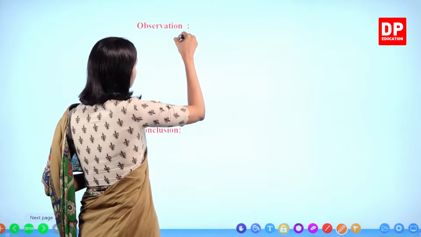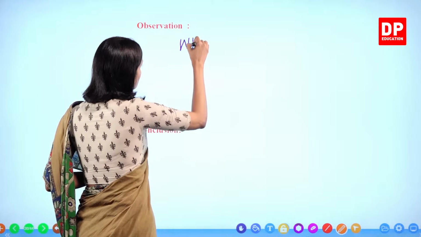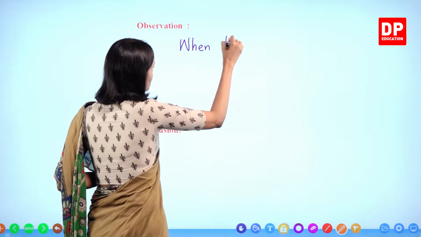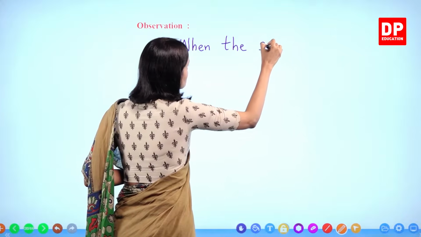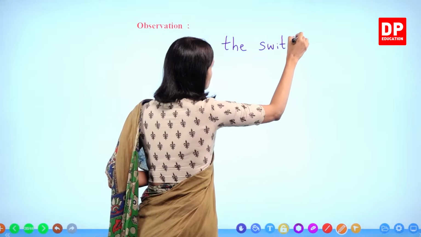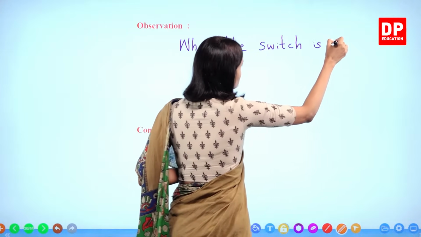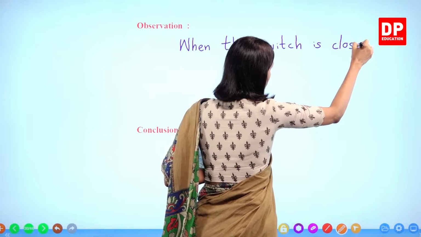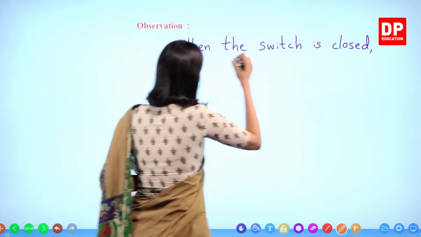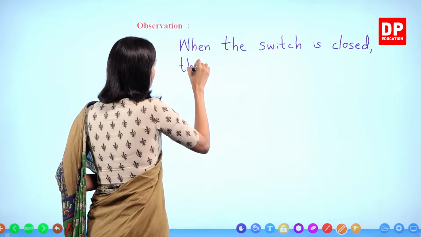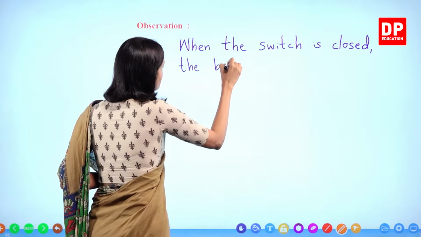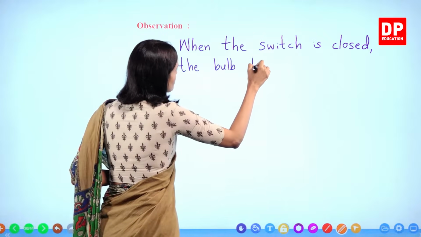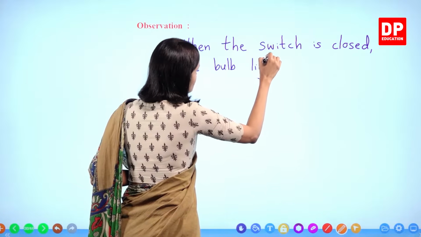Observation. When the switch is closed, the bulb lights up or illuminates.